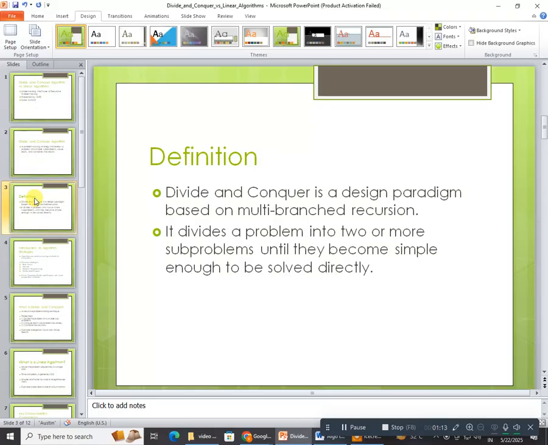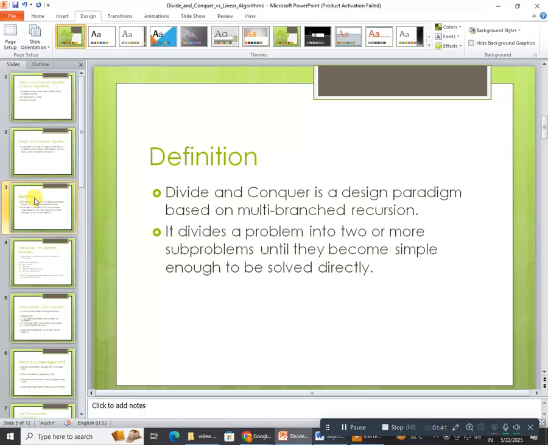So what is the definition of divide and conquer? Divide and conquer is a design paradigm, that means a design of algorithms obviously, based on multi-branched recursion. That means you are dividing the problem into separate pieces or sub-problems and recursively calling the function, whatever your function may be. Maybe you are performing a sort or a search.